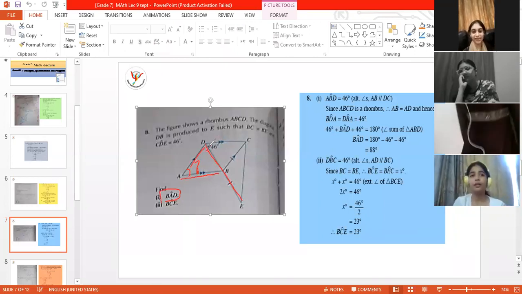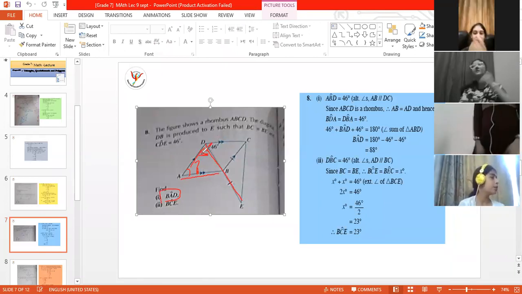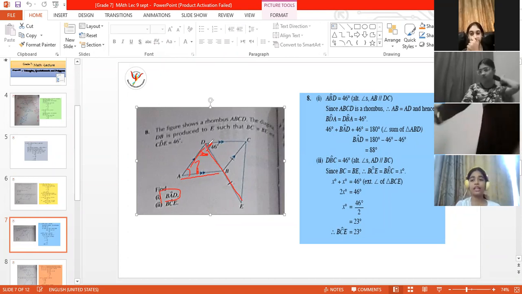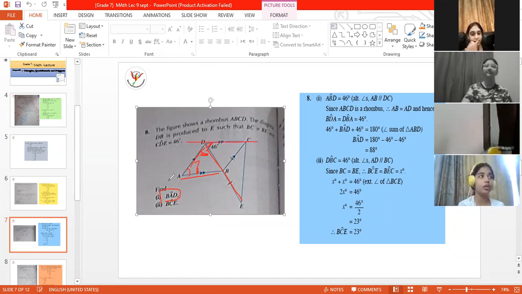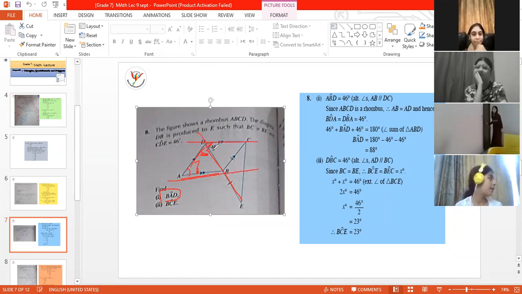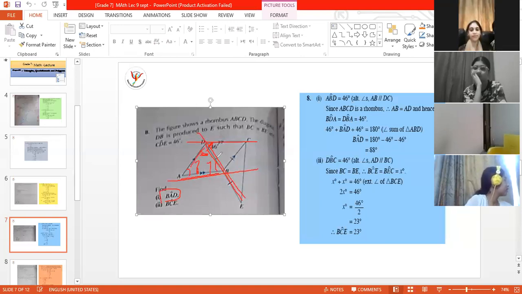If this is 46 degrees, this will also be 46 degrees. And this is a parallel line, this is a parallel line, this is a transversal, so this angle and this angle will be the same, 46 degrees. Alternate angles and interior angles.